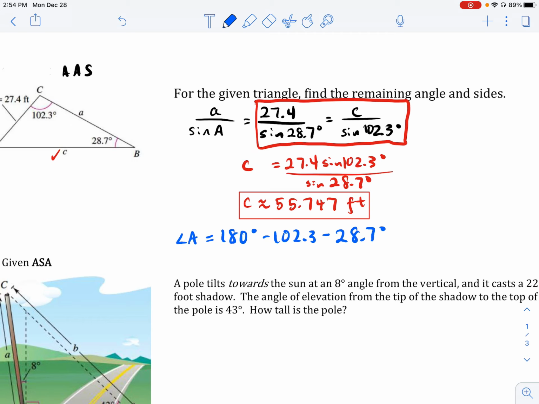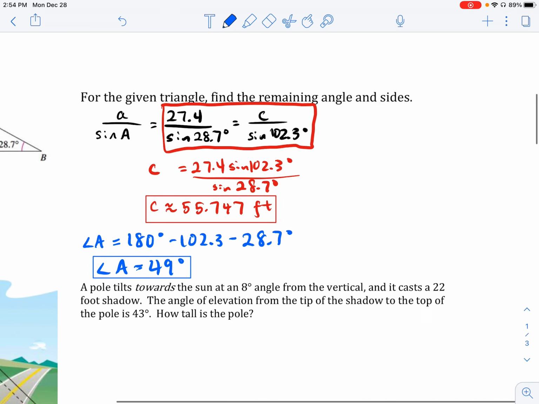And you can use a calculator, but actually if you just do this quickly, you should see that angle A is 49 degrees. So I'm going to go ahead and box that as well. So angle A is 49 degrees. So we just got that by subtracting the other two angles that we do know from 180, just using the triangle sum theorem.